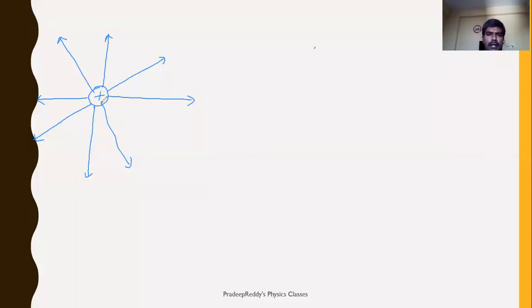Now, if I am taking a metal sheet, say this is a metal sheet, there will be positive and negative charges over there.